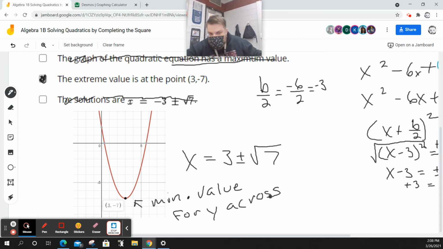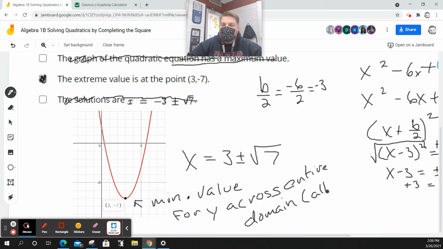So this is the minimum value across the entire domain. When I say entire domain, what does that mean? What does the domain refer to? The domain is all possible x values. It's the whole graph.